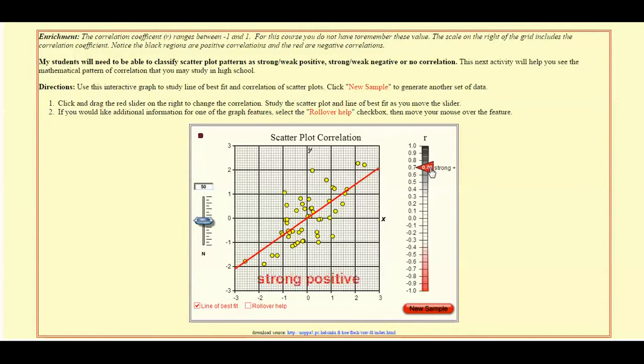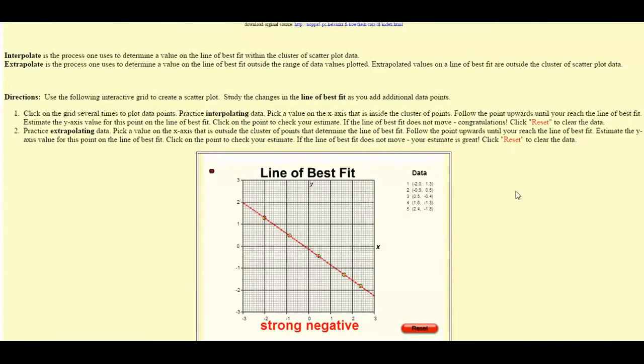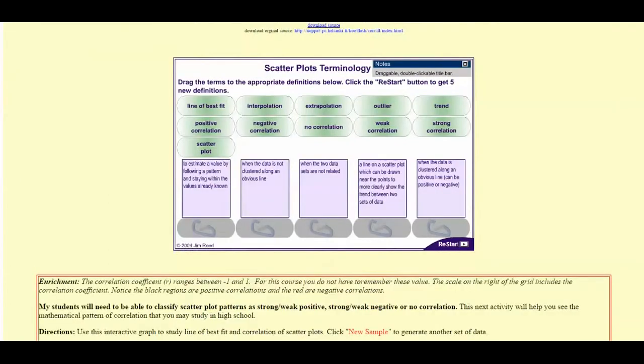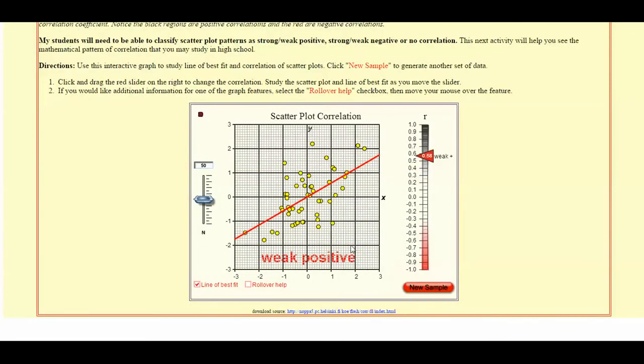It still says weak down here, because the dots are still pretty far from the line, so it's still pretty weak. But as we move up toward 1, it's getting stronger and stronger. And once we get to 1, that's a perfect positive, which is as strong as it can possibly be.